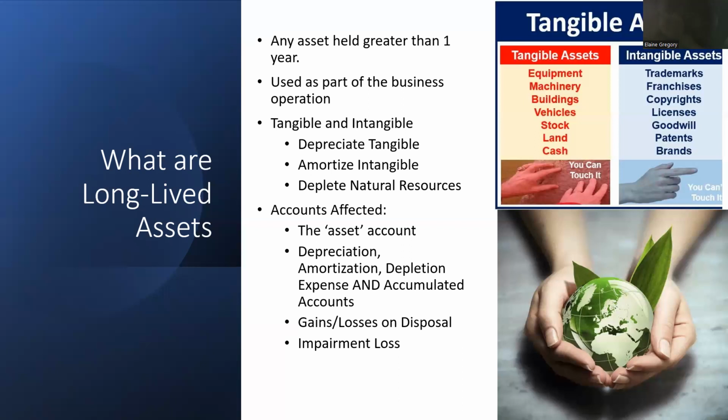There may be some liability accounts out there if you have to put back the natural resource to its previous state. For example, if you harvest woods, you may have charges or expenses associated to replanting.